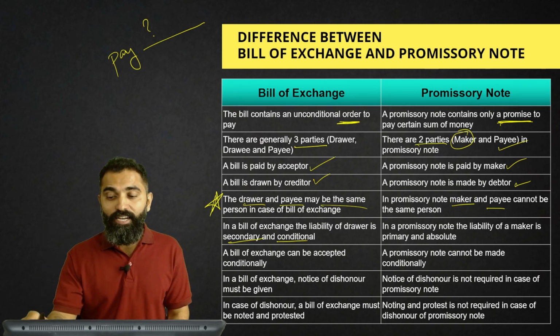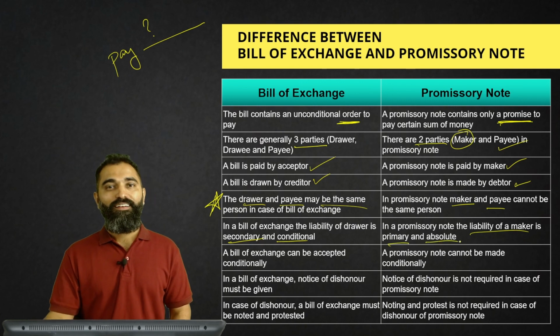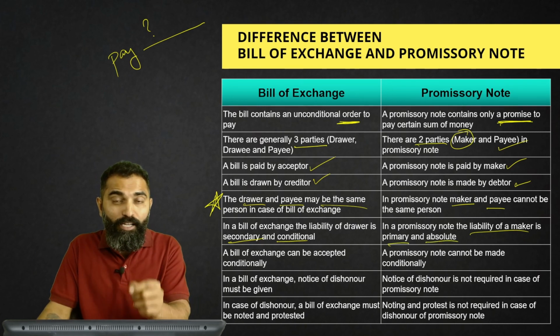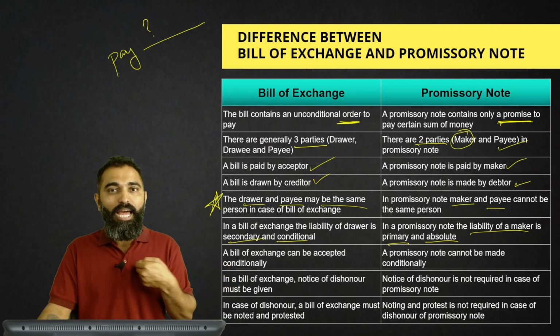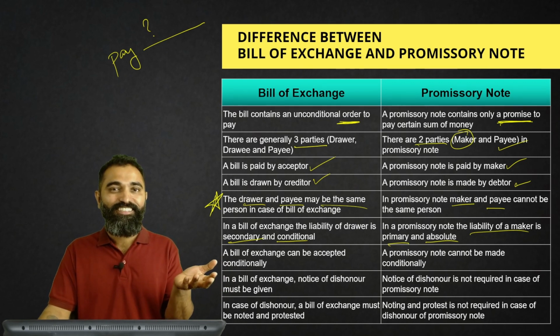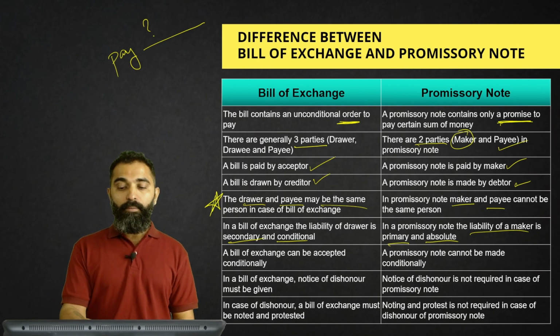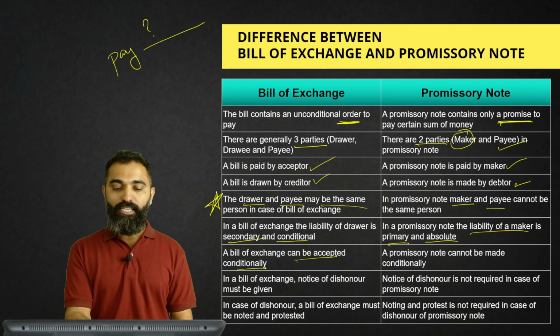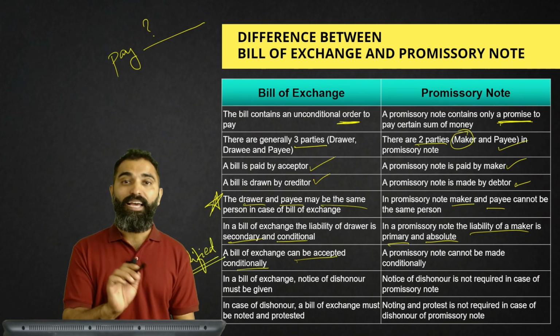But in a promissory note, the liability of the maker is primary and absolute. Now, if I give you a promissory note in which I have written, I promise to pay, the liability is on me. I cannot shift it to anyone else. Make sense? I hope so. A bill of exchange can be accepted conditionally. So, in your module, please check something called qualified acceptance.